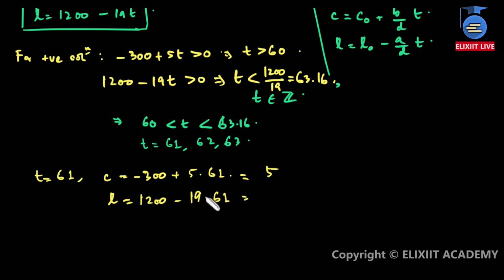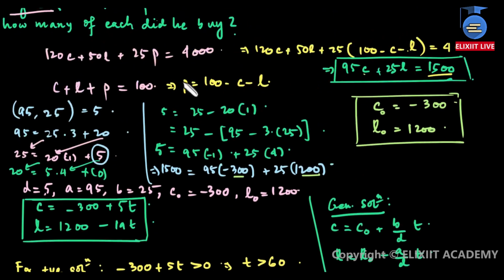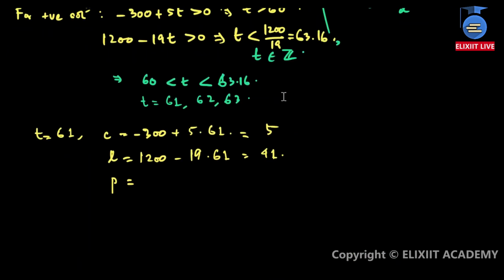After calculation, this will be around 41, I guess. And similarly we can find P from the previous relation. P is 100 minus C minus L, so this is 100 minus 5 minus 41. So P must be 54.